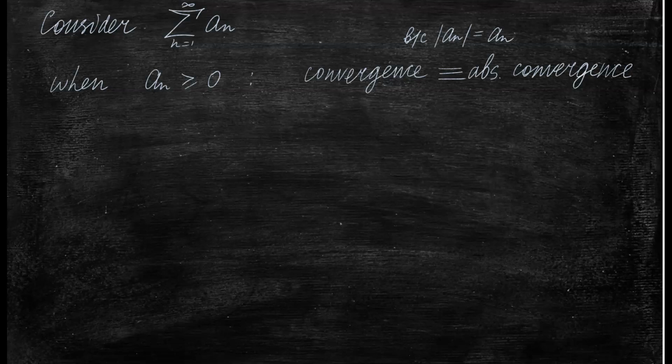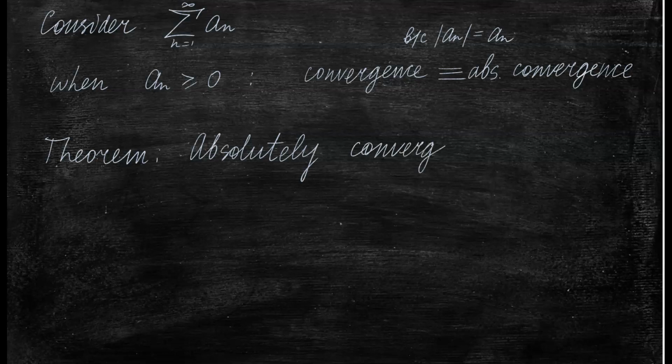Now the question is, can we draw something similar for any series? And turns out that sometimes we can. So we have the following theorem. It says that absolutely convergent series are convergent.